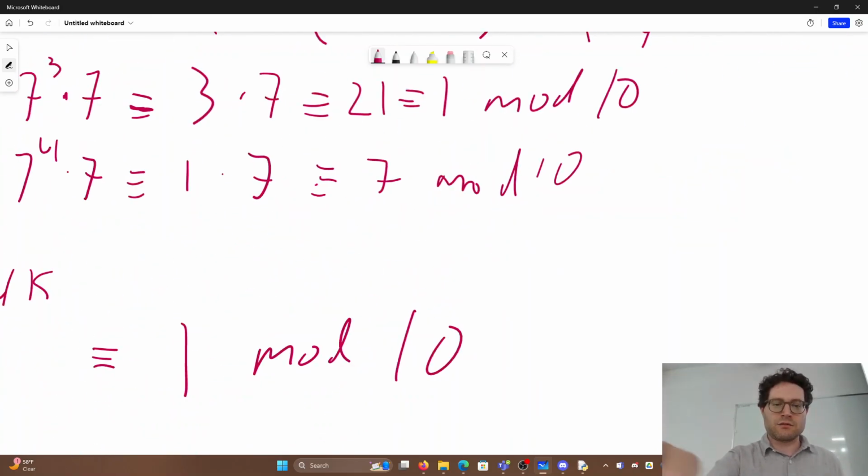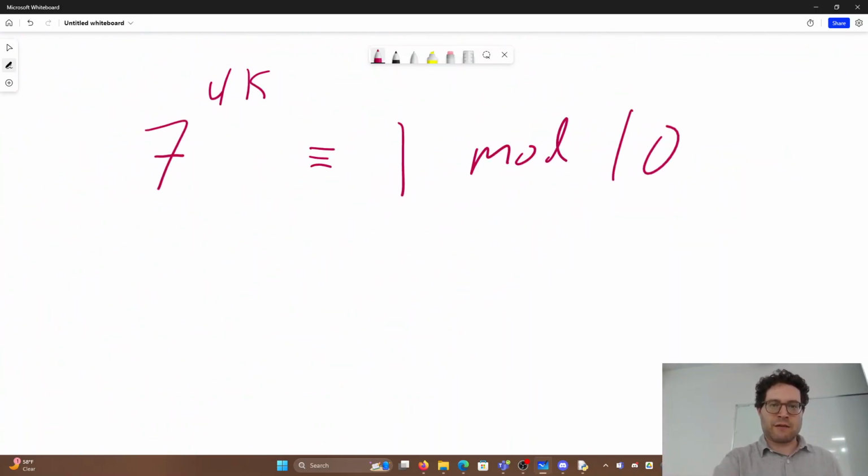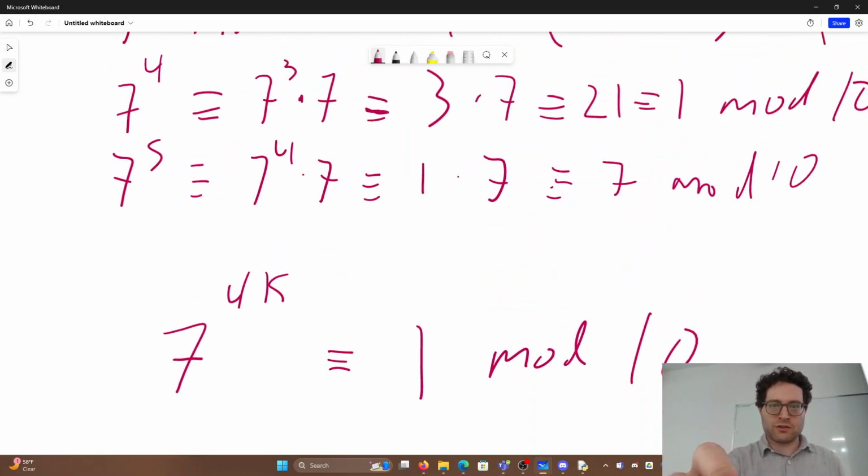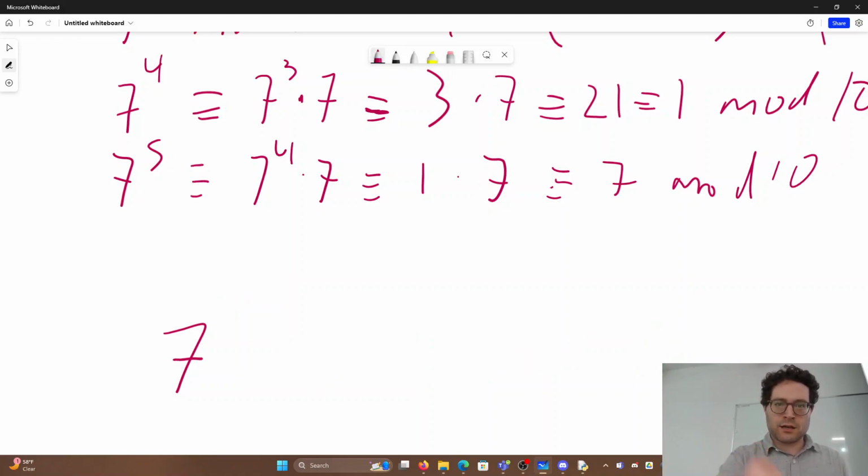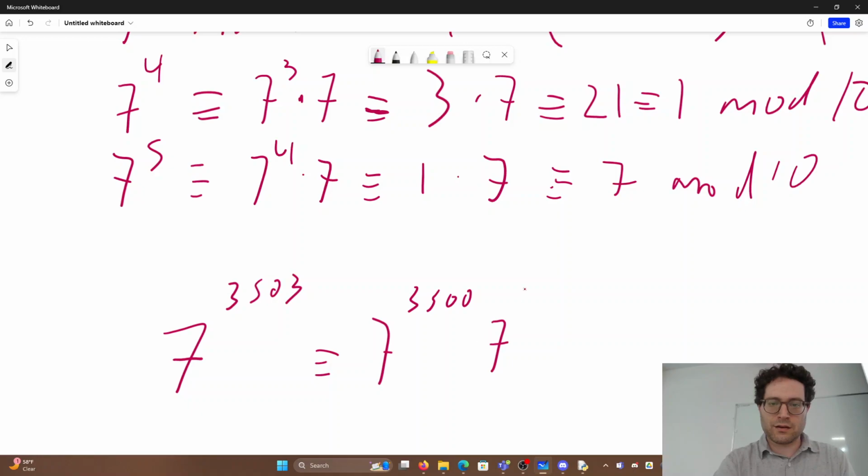So what we can do is go back now to our initial problem statement: 7 to the 3,503 is congruent to 7 to the 3,500 times 7 to the 3rd. Since 3,500 is a multiple of 4, we can simplify that down to 1, because it's congruent to 7 to the 4th to some power times 7 to the 3rd.